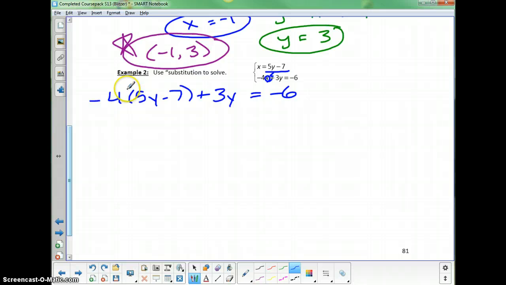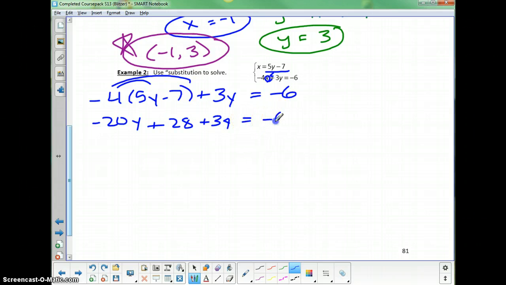So I'm going to use the distributive property. It's going to be negative 20y plus 28 plus 3y equals negative 6. Combining our like terms, negative 20y plus 3y is negative 17y plus 28 equals negative 6.